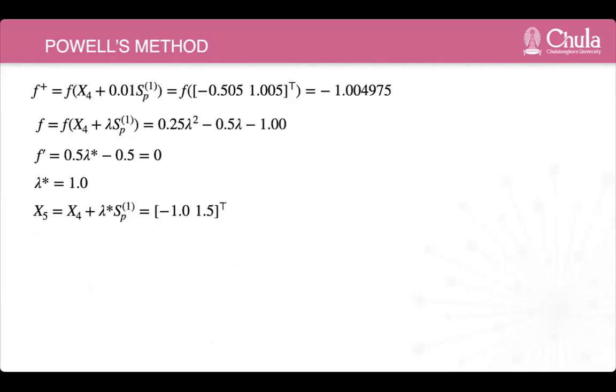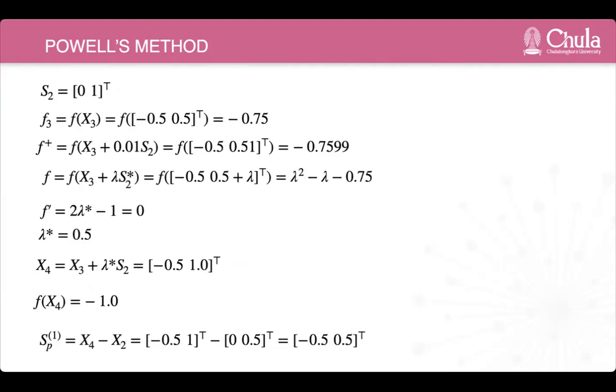Then what about S3? This one is P1. We take the direction of x4 minus x2, which is the vector from x2 to x4.